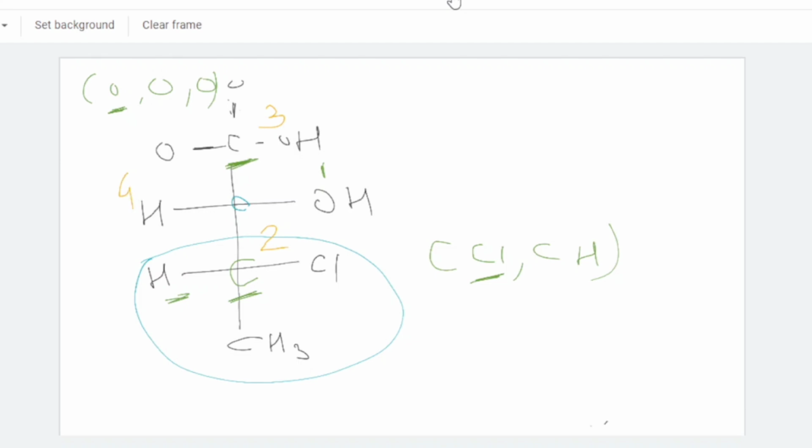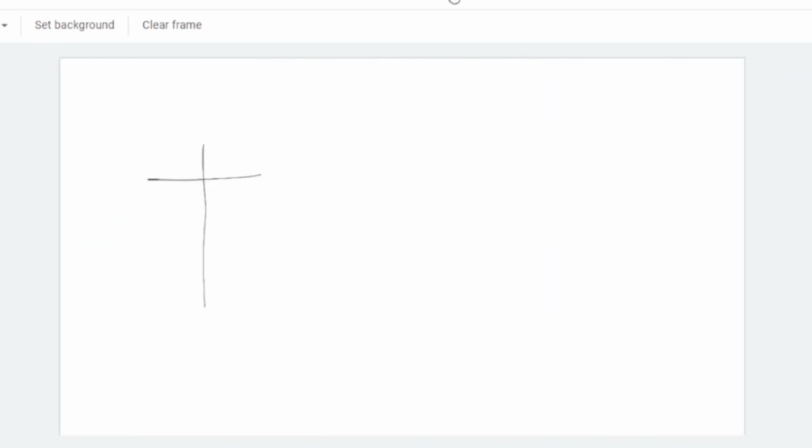I am drawing the structure like that, okay? So you can understand it. One, two, 3 and 4.